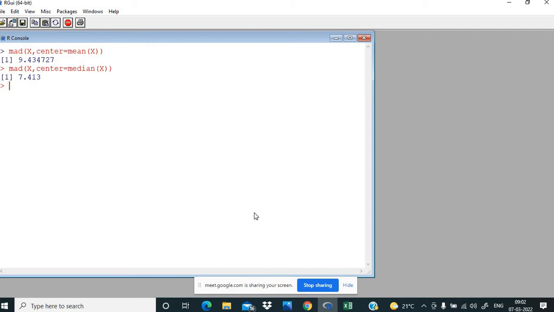Very good. Then what is that here? If you remember, we named the geometric mean GM. So this should work. Yes, it is working. Otherwise, it would have given an error. Now, HM, mean deviation around harmonic mean. Oh, excellent. It is working.